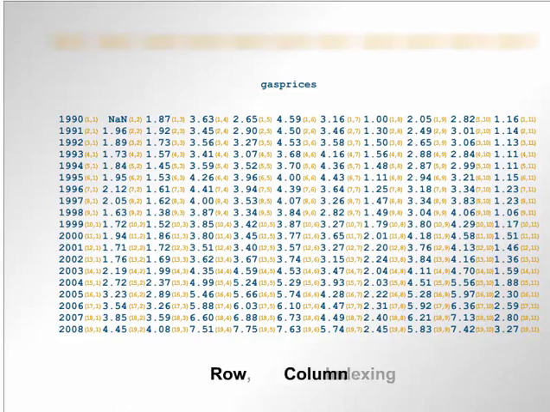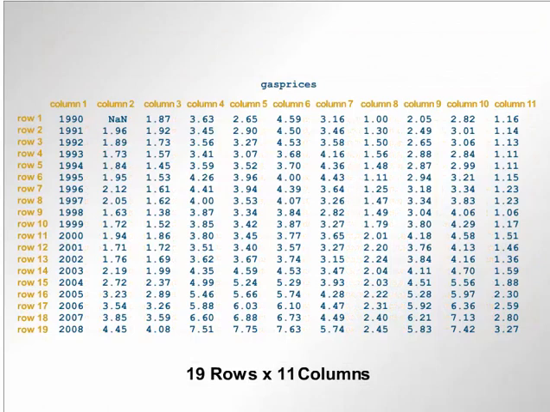The gas prices matrix has 19 rows and 10 columns. To extract any value of the matrix, you start by typing the variable name, open parenthesis, row number, comma, column number, and close parenthesis.